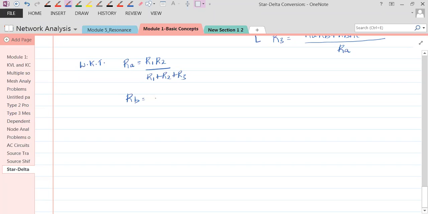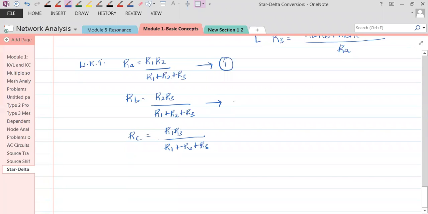RB is equal to R2 R3. This is something that we have obtained in the previous step. So what we're doing is just the extension of that. RC would be R1 R3 divided by R1 plus R2 plus R3. So this we know. When do we obtain this? When delta is given, we obtain star like this. So let's call them equations 1, 2, and 3.